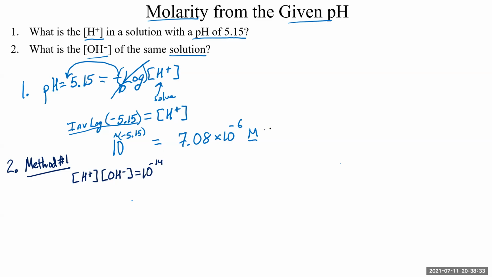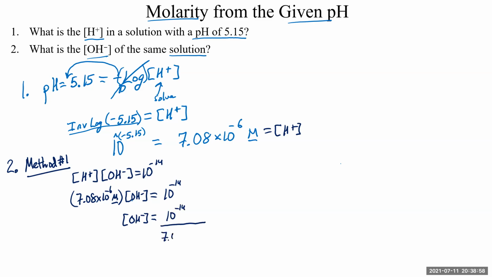Since I already know my hydrogen ion concentration, I can plug that number in, 7.08 times 10 to the negative 6 molar, multiplied by my hydroxide ion concentration, which is unknown, equals 10 to the negative 14 on the right side. Solve for my hydroxide ion concentration by dividing both sides by 7.08 times 10 to the negative 6. Since I have the information, why not, right? 10 to the minus 14 divided by 10 to the minus 6 is going to be 10 to the minus 8. So I should get something within an order of magnitude of that, around 10 to the minus 8.